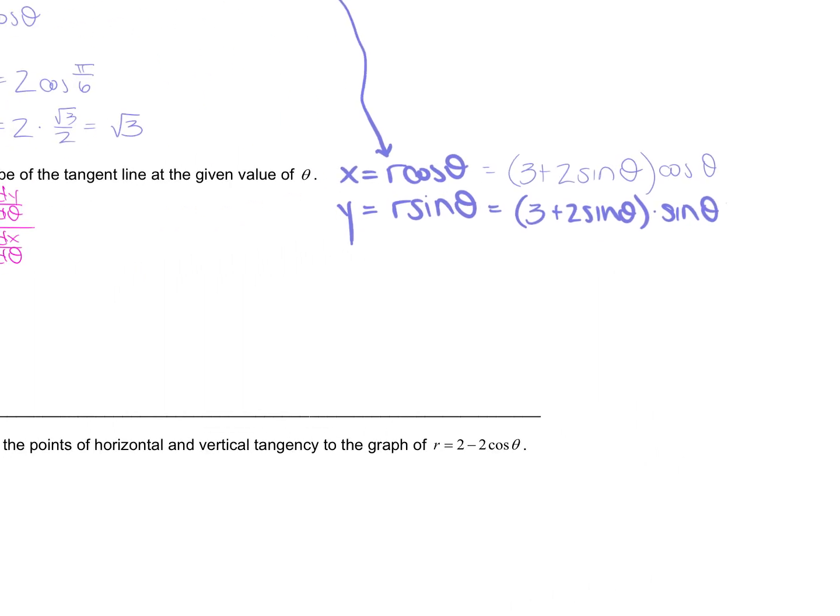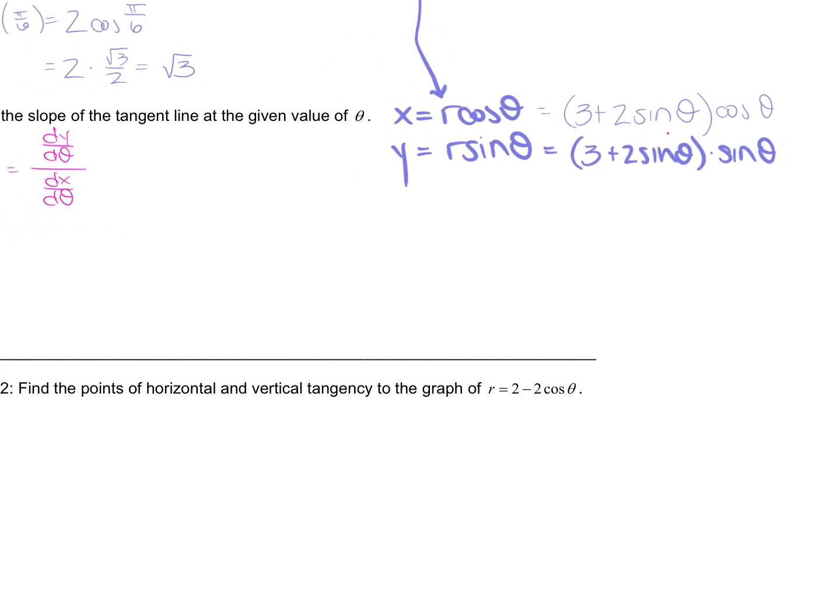All right, so from here, now I need to take the derivative of this with respect to theta. So let's look at the y first here, because that's the one that goes on top, yes? How do I take the derivative of that with respect to theta? What's the derivative of the first part? Because I have to use a product rule on this, yes?